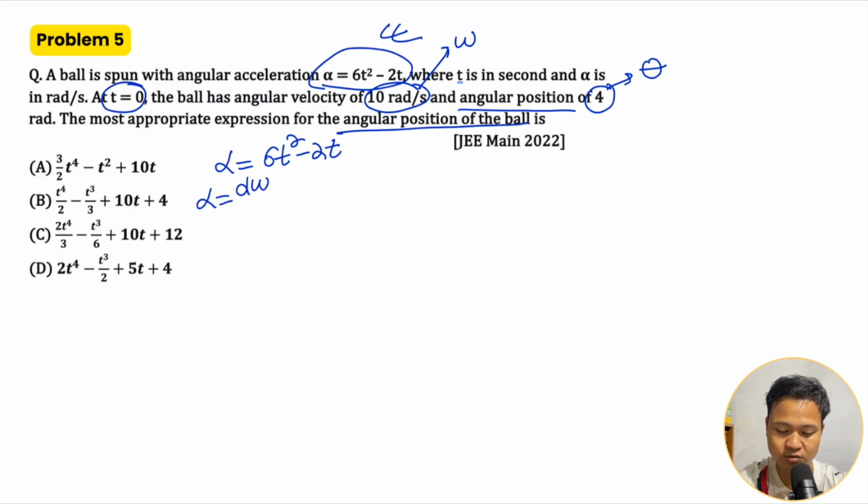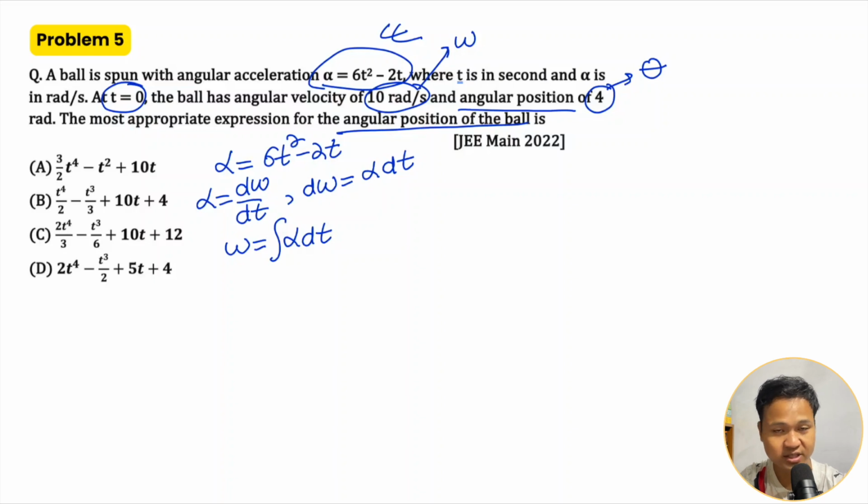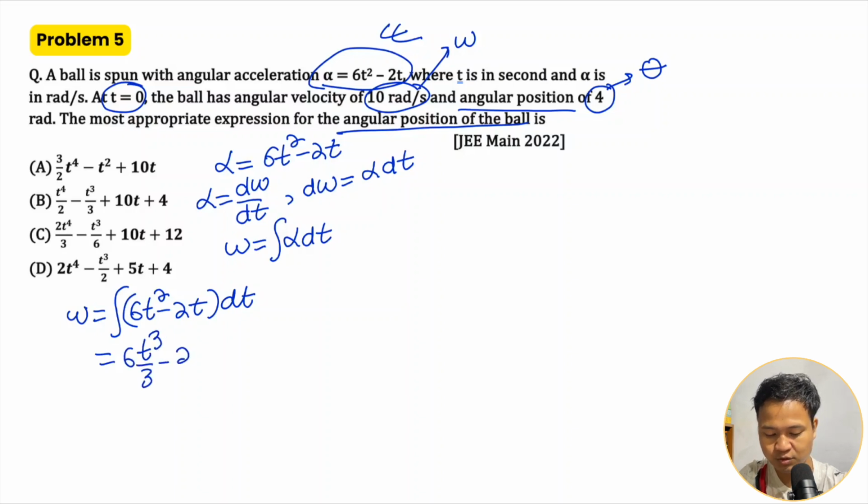The relationship between angular velocity omega and alpha: alpha is equal to d omega by dt. So you transfer dt to that side, alpha into dt, and then you integrate. If I integrate both sides, I will have omega equals integral of alpha into dt. Now put the alpha value and integrate: omega equals integral of 6t square minus 2t into dt, so 6 into t cube by 3 minus 2 into t square by 2 plus c, because it is an indefinite integral, so we need a constant.